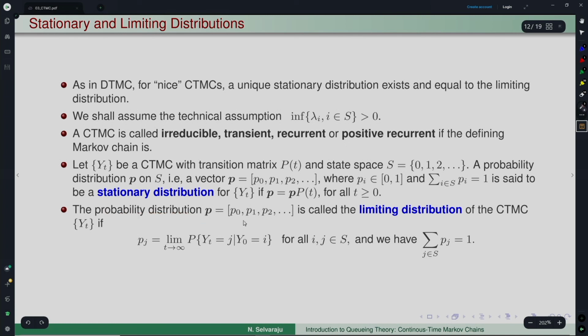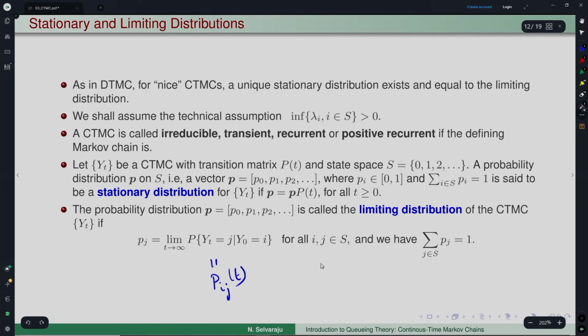Similarly, the probability distribution P, which is a vector, is called the limiting distribution of the CTMC if Pj is given by the limit as t tends to infinity of the probability of Yt being in j given that Y at 0 is i. If you recall, this quantity is P i j of t. So, it is much like the discrete time case. Here also you look at these transition probabilities in the limit as t goes to infinity; the limit exists and is independent of i.